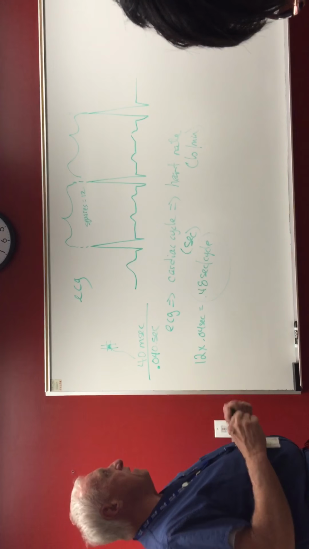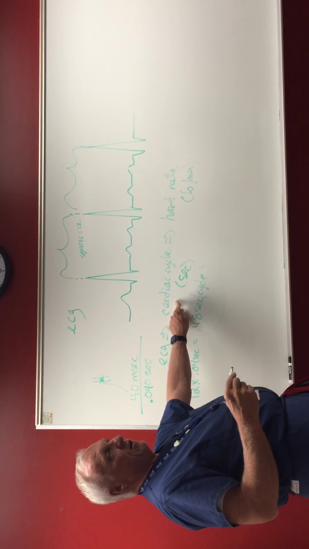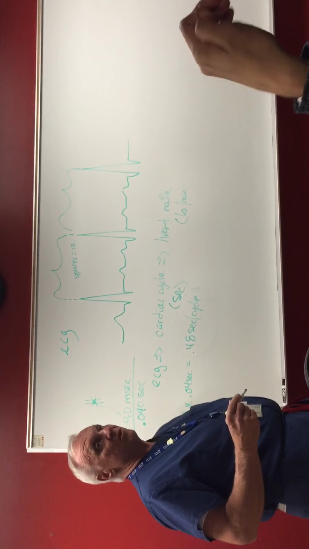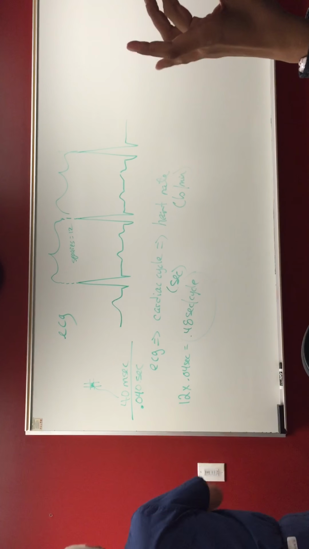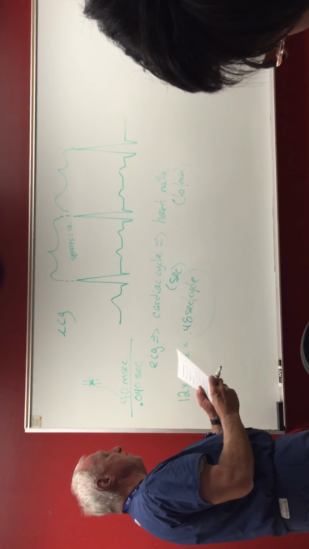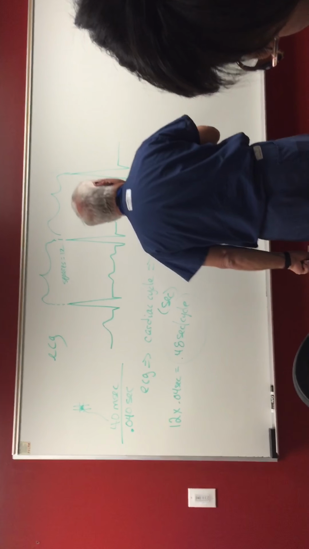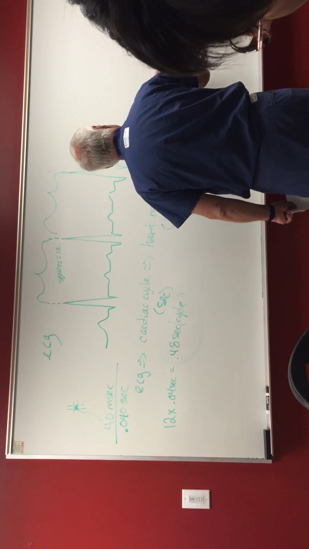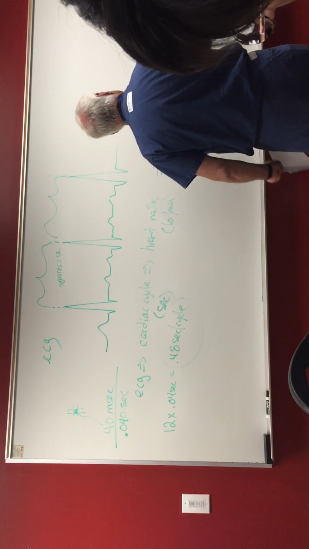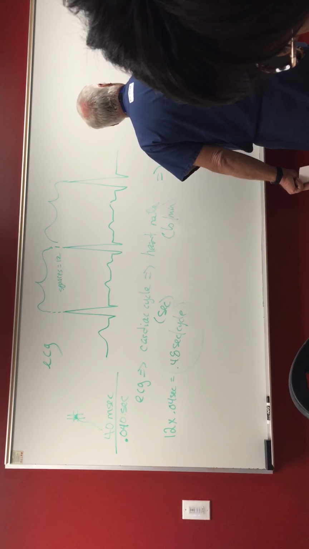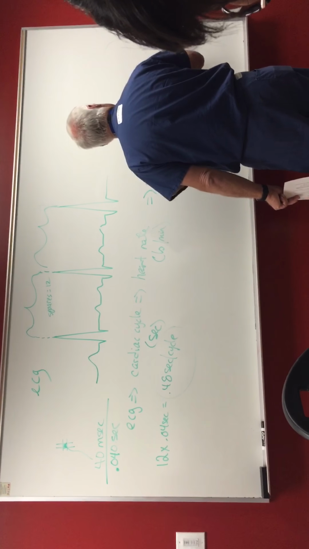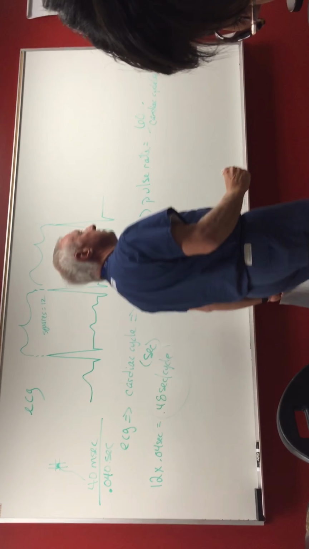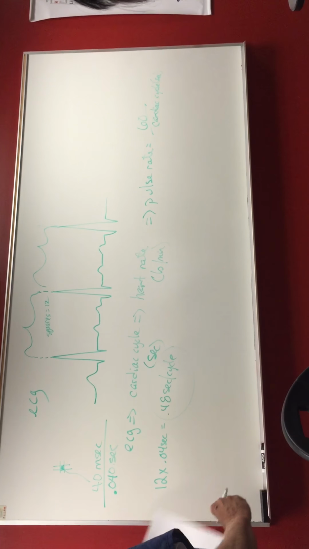Many times I won't just ask you the cardiac cycle. Instead, I'm going to ask you what is the heart rate of the person. The formula to get the pulse rate, or heart rate, is simply 60 divided by the cardiac cycle. As long as the cardiac cycle is given in seconds, that formula will work.